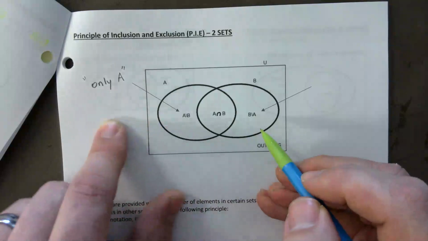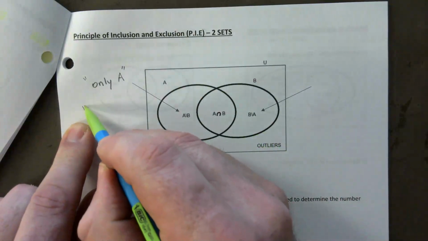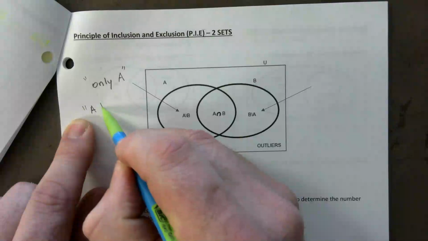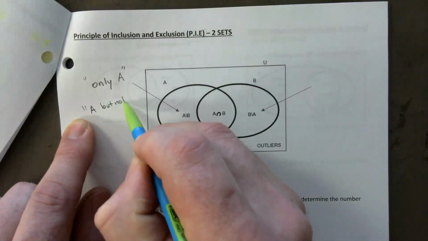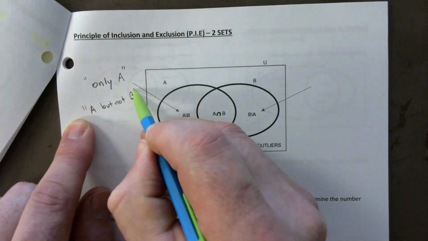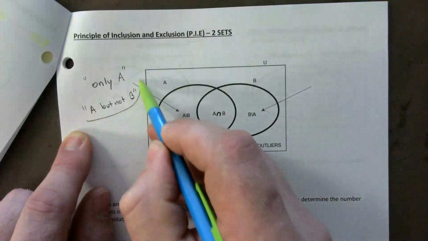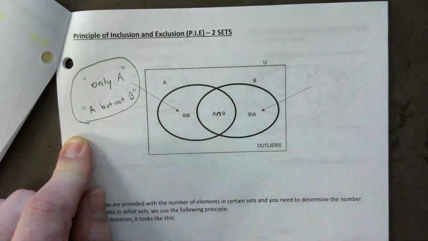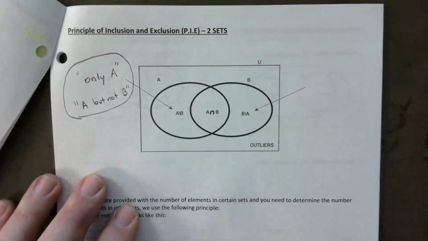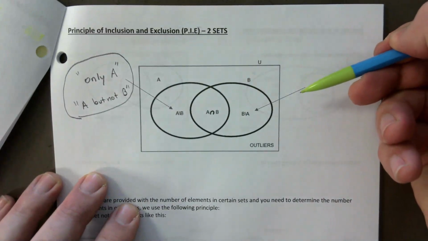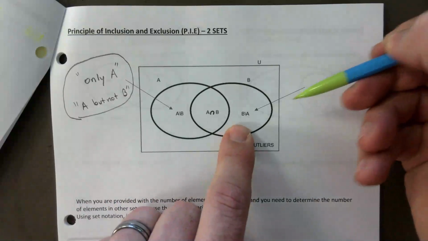You can also call it A, but not B. That is important. At the same time, if we come from the right side here, notice how it's written differently.